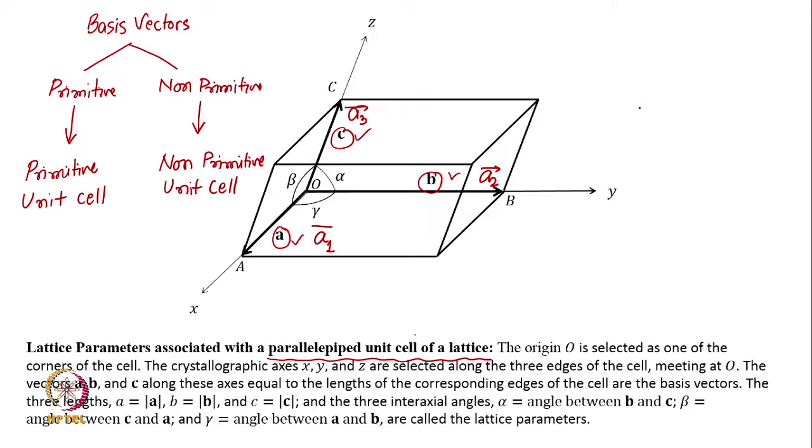So, for example, you can say i is equal to 1, 2, 3, which will represent all 3 basis vectors, whereas in the case of A, B, C you will have to write all 3. So, sometimes we will use both. A1 is for A, A2 is for B and A3 is for C.